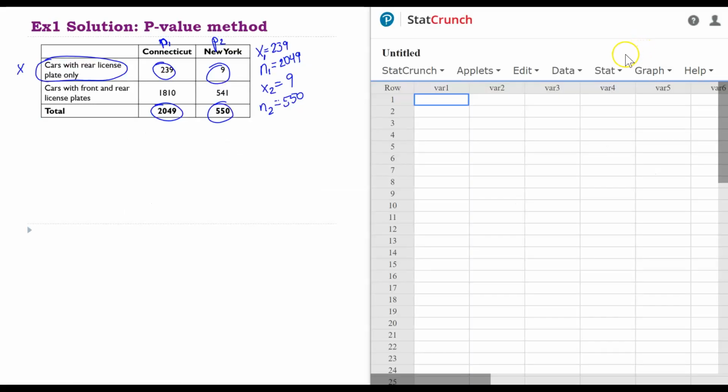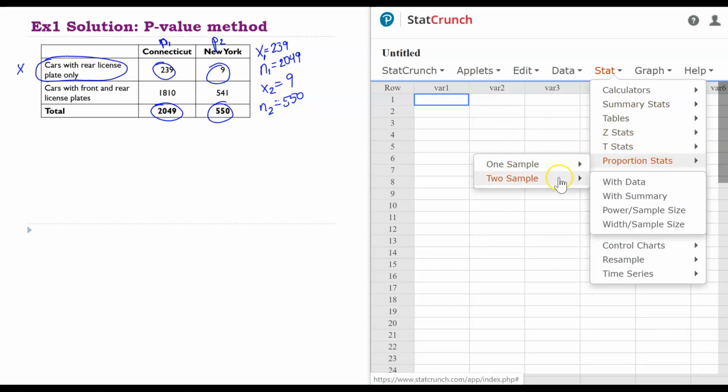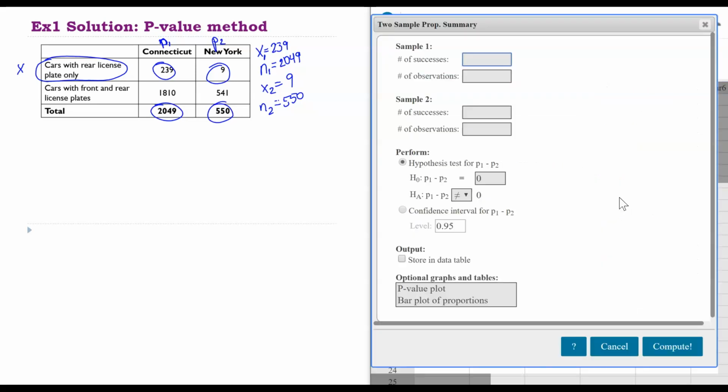If you use StatCrunch, log into StatCrunch, go to Stat, Proportion Stats, Two Sample, With Summary, and enter the number of successes for both populations and the total numbers for the samples. After you enter all the values for both samples, go to Hypothesis Test for P1 minus P2.